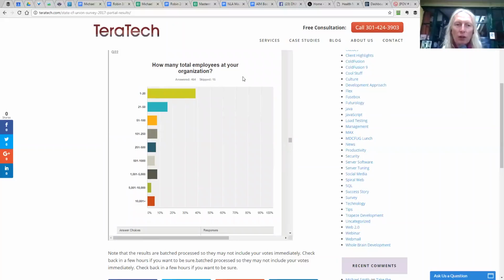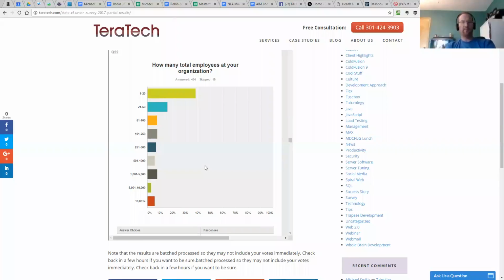And this, all right, total employees. So that rides into this question. Yeah, so 5% of people taking the survey are organizations with 10,000 or more people in them, whereas you can see that the majority of people are in small organizations. It's sort of a long tail, but it's the other way around. To me, it's refreshing to see that the majority of people taking the survey are in small business.